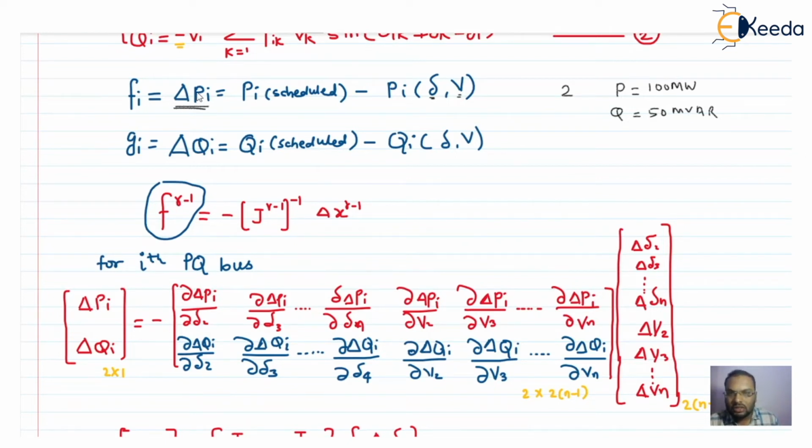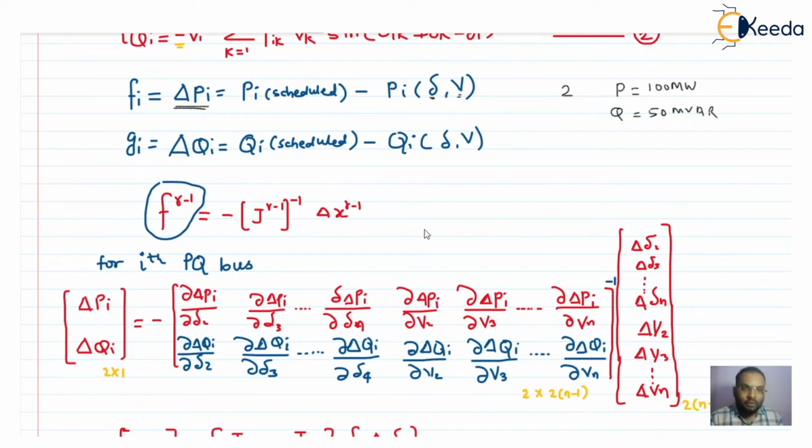So the change in P_i and Q_i is equal to the negative sign, the Jacobian matrix evaluated in the same iteration, of course we have to take the inverse of this, times the correction in the variables, the corrections in the unknowns.